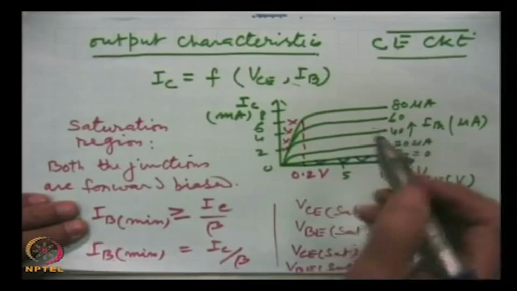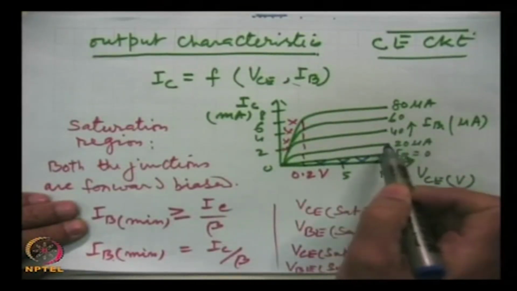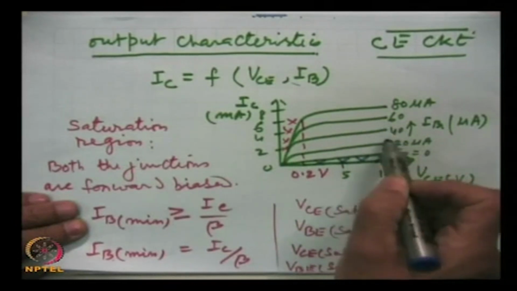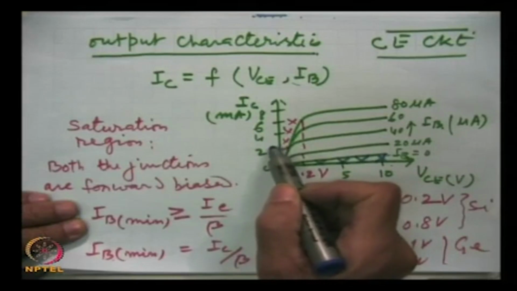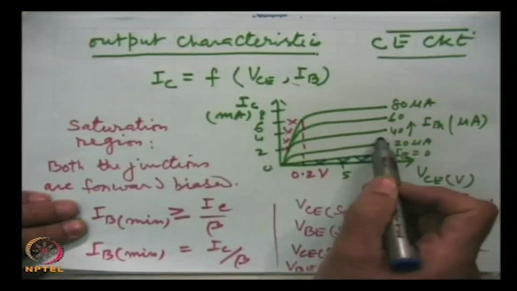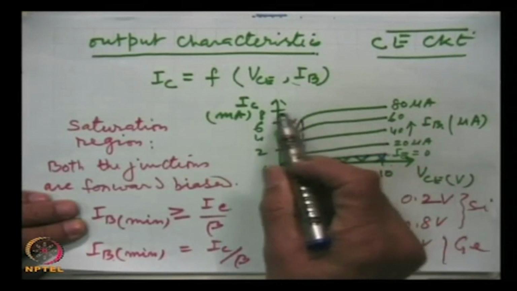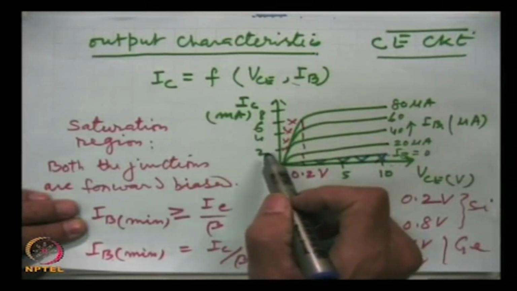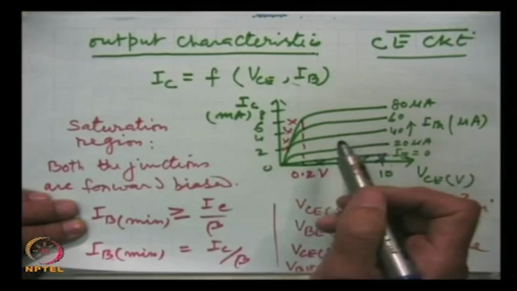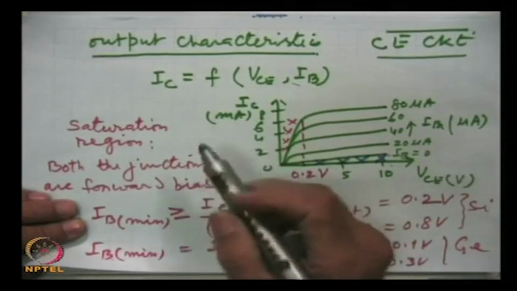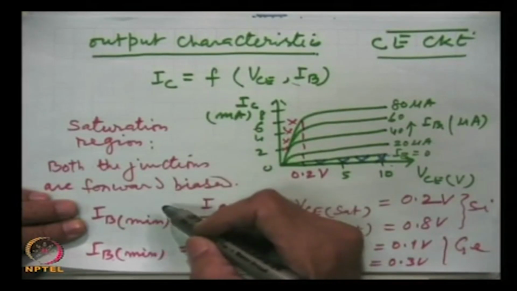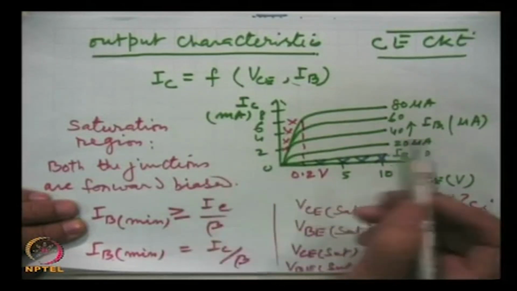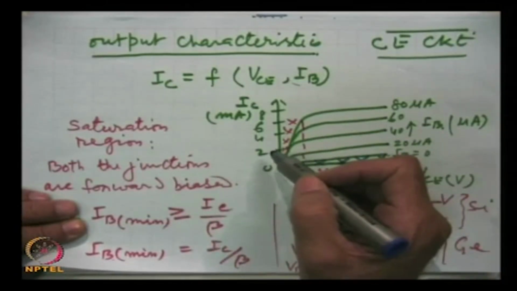Here we will notice that as we increase the input current, the output current changes. For larger values of input current, the corresponding output current is high. This is what is expected in an amplifying circuit, that the output current should vary proportionally to the input current and only the magnitude should change.